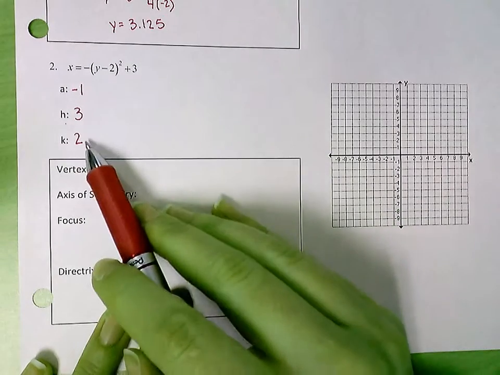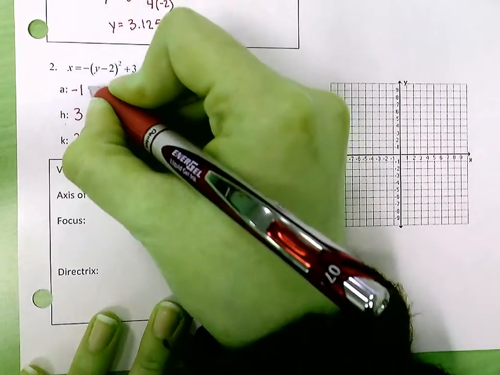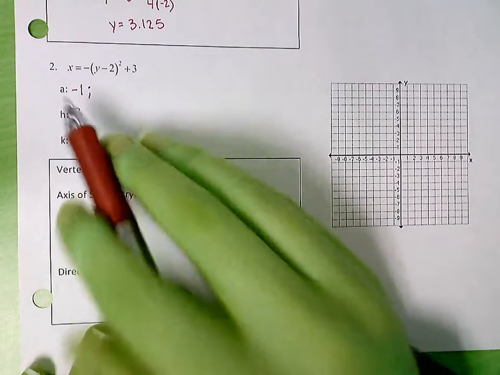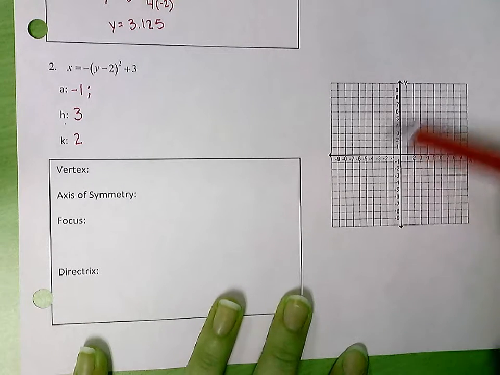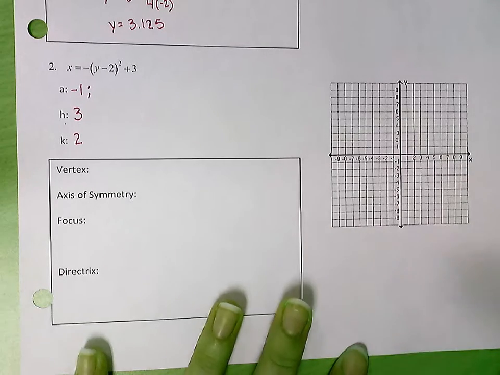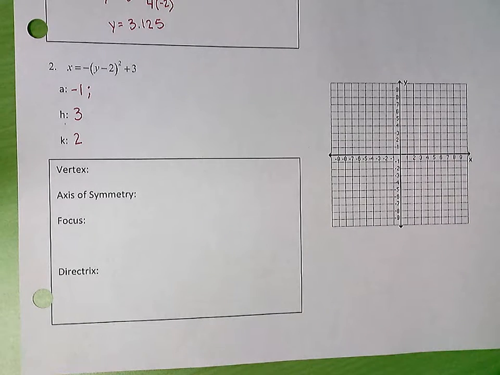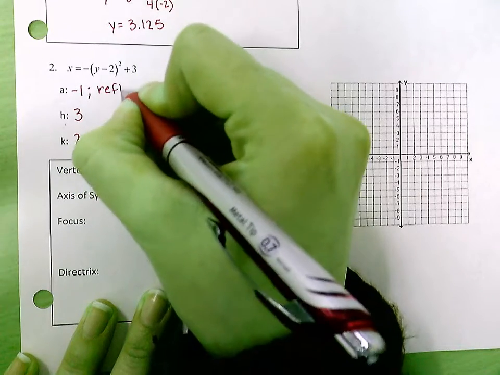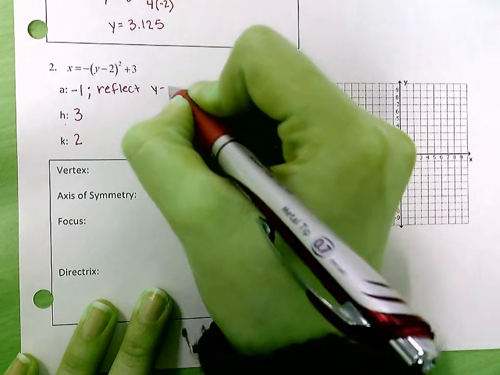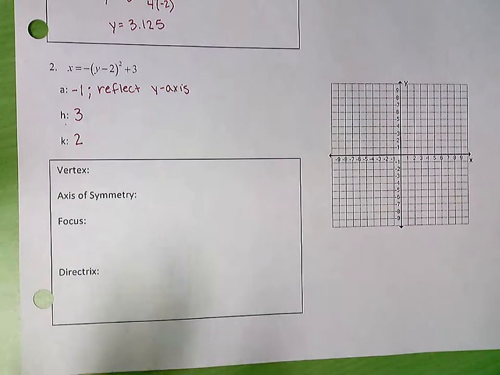Now again, I'm going to label what each of these does. For a, since this is negative, I know this parabola is going to open right or left. It's not going to open up or down, because it's an x equals graph. So instead of reflecting over the x-axis, this one will reflect in the y-axis. And it's not going to stretch at all because it's multiplied by 1.